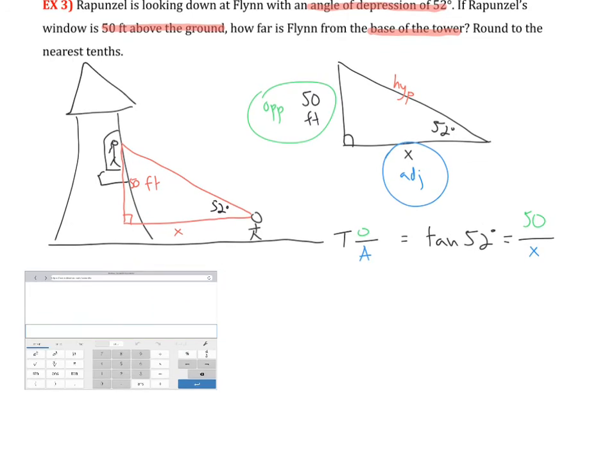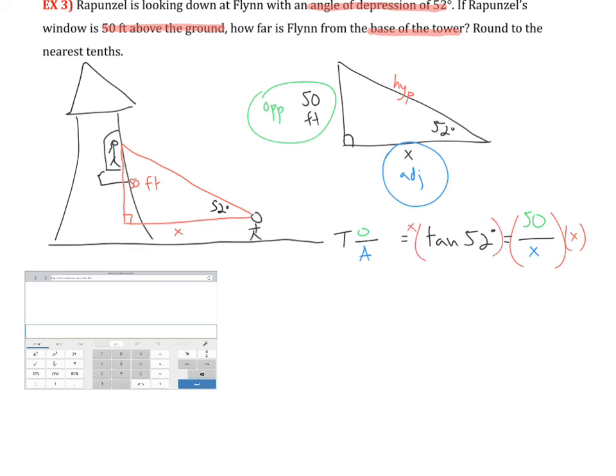All right, to solve this, keep in mind that we are not going to use the inverse trig here. We only use the inverse trig if we are solving for the angle, in other words, if it's a tangent of some variable, some letter. But because this is already tangent of 52 degrees, I don't need to do anything with it. What I need to do instead is multiply on both sides by the denominator, which is x.